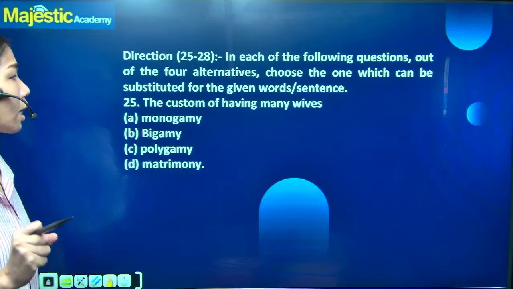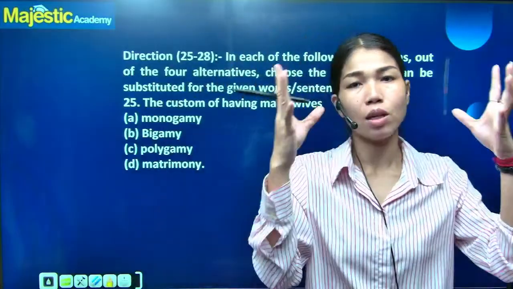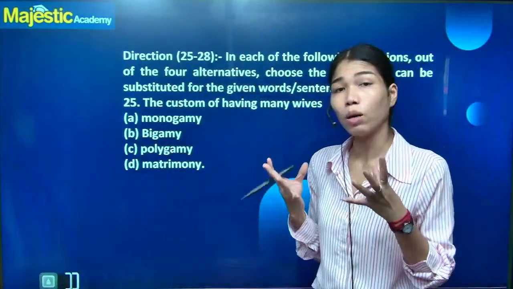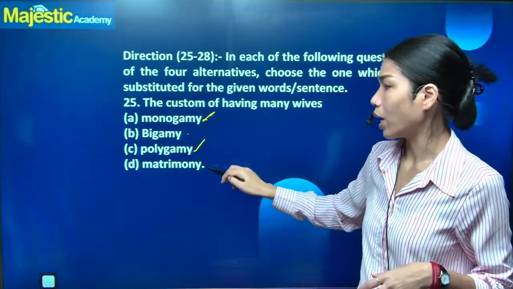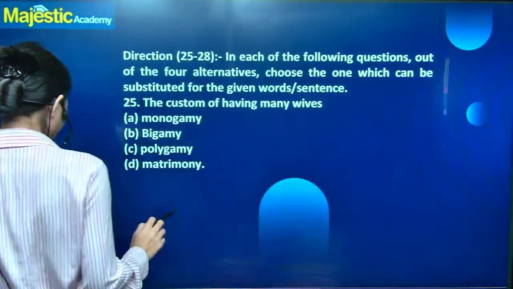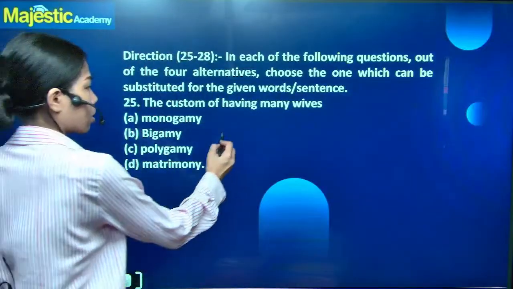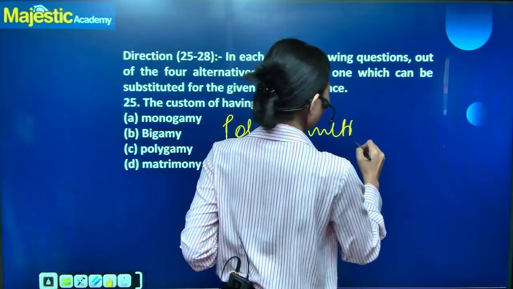First, the custom of having many wives. A custom where keeping many wives is allowed, what can we call it? Your options are monogamy, bigamy, polygamy and matrimony. So if we can see, there are certain words which mean something in a certain way. That means if we say the word poly, that means multiple.